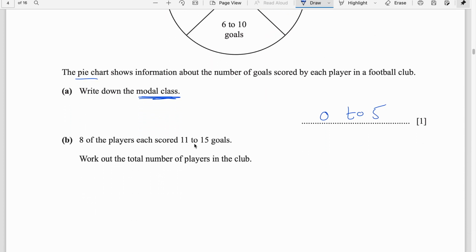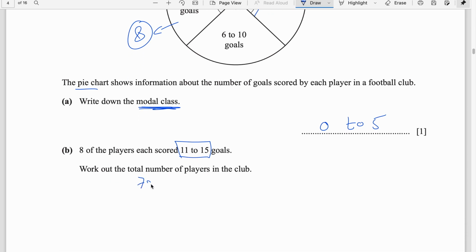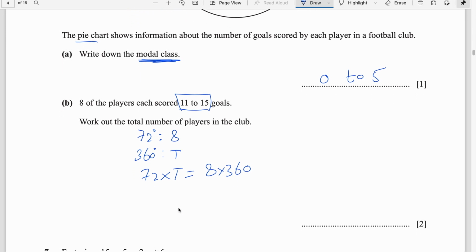8 of the players each scored 11 to 15 goals. So we know that these are 8 players. Work out the total number of players. So if 72 degrees represent 8 players, 360 degrees will represent the total players. Cross multiply, that is 72 times t is equal to 8 times 360.